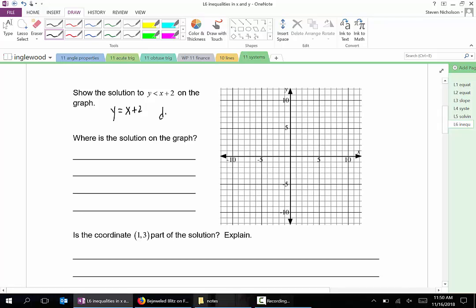So I'm going to call this not my critical point, I'm going to call it the dividing line, because this literally will break this graph into the true part and the non-true part. So when we do our graph, the solution is going to be above the line or below the line.